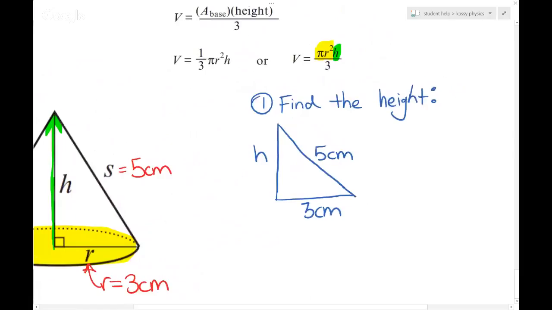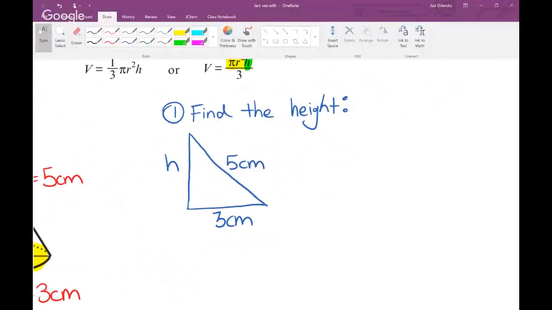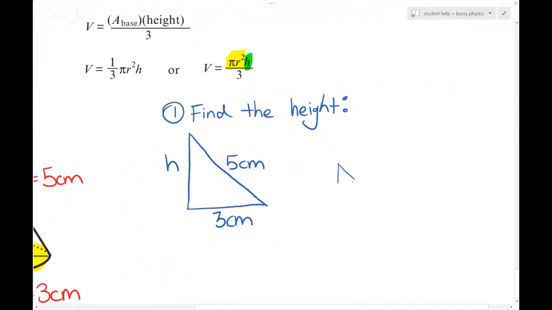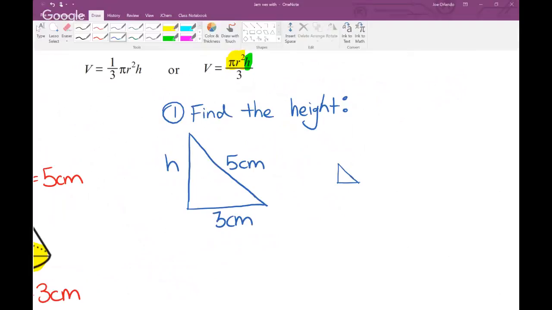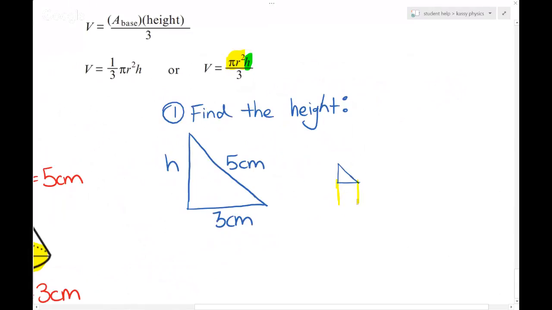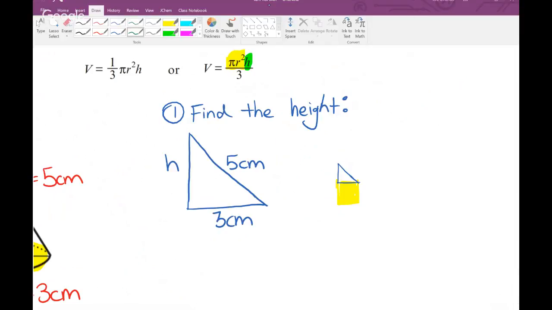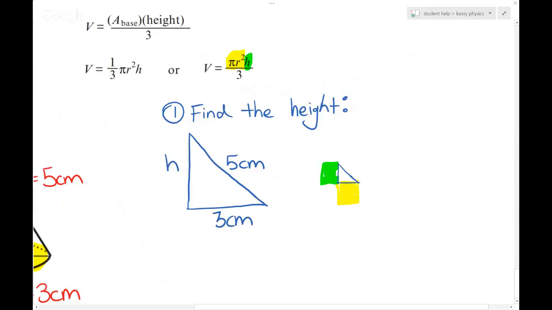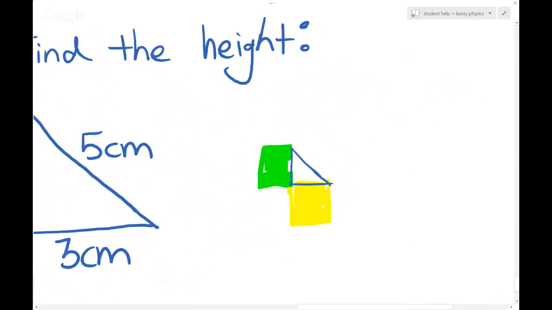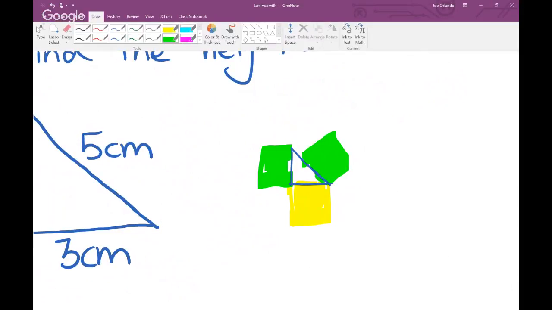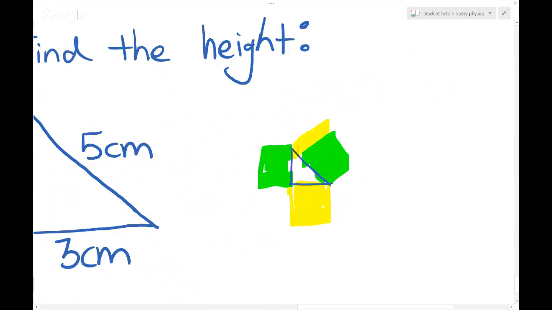What we can use is the Pythagorean theorem. Remember that for any little triangle like this, if we build a square off this side, and a square off this side, those two squares can be put together, and they will perfectly make a square that comes off the third side, the biggest side.